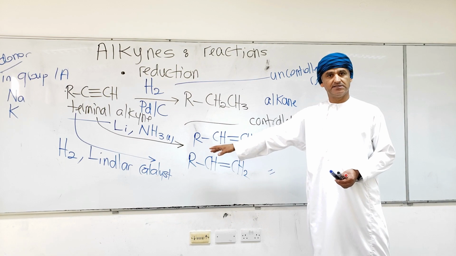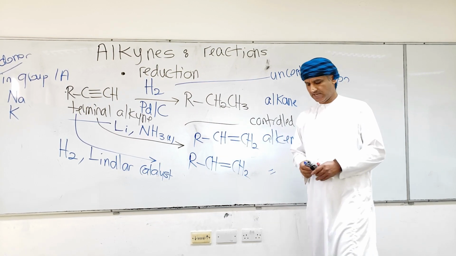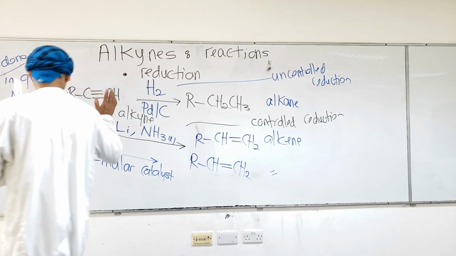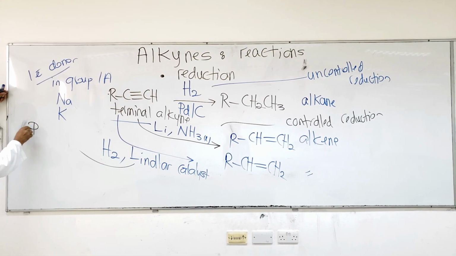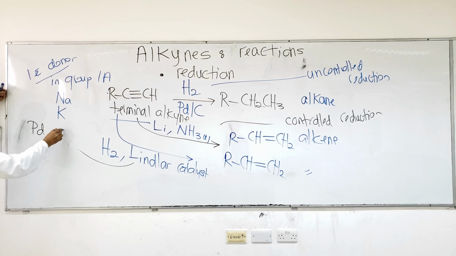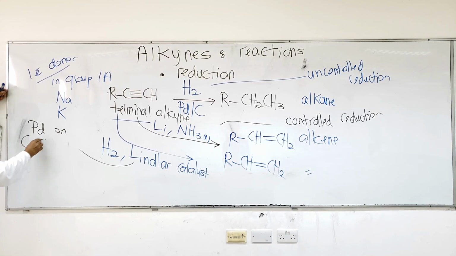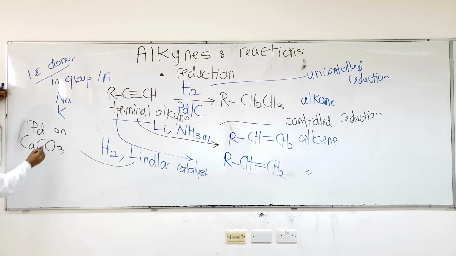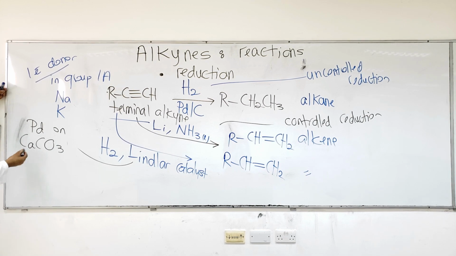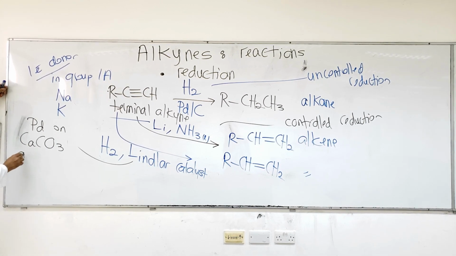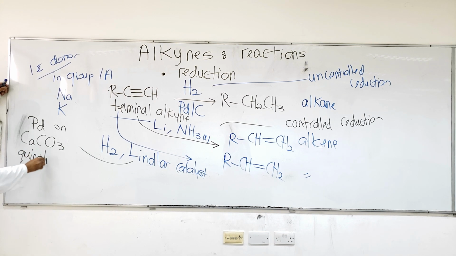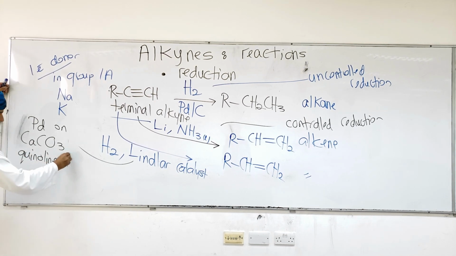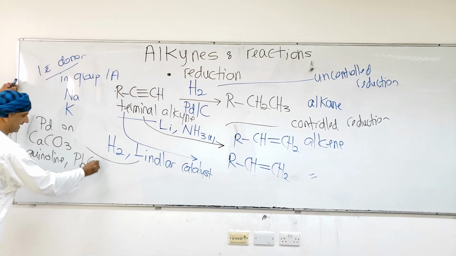The difference is the metal catalyst, and this Lindlar catalyst, you don't have to worry about much details, but this Lindlar catalyst is actually palladium that is deposited on calcium carbonate, which is treated then with quinoline and lead acetate.